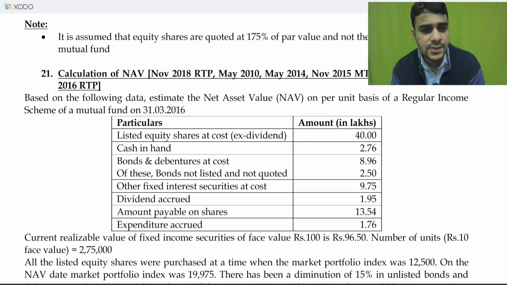They have given various values: listed equity shares, so much is the value, cash is so much, bonds and debentures, bonds not listed, not quoted. So everything has been given in the question. Cash is mentioned in the question, so no need to try to calculate the cash.